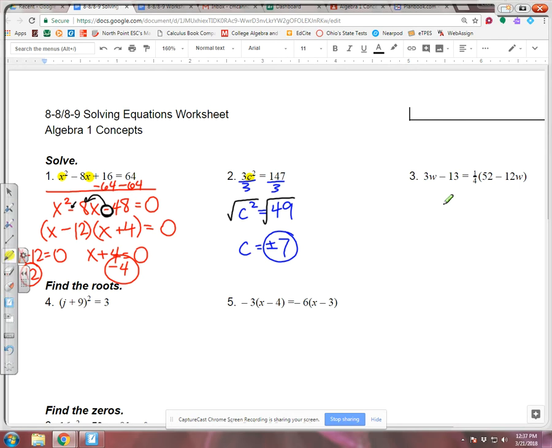If you look at number 3, I only have regular w's, meaning you can solve this like a regular equation. First thing I need to do is distribute that 1/4. When I distribute that 1/4, I'll get 13 and then 3w. Get your w's together by moving the smaller one over.